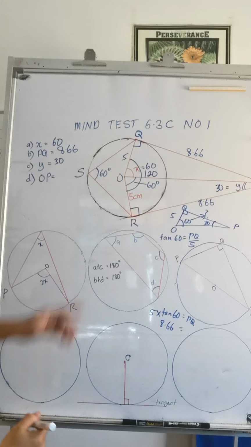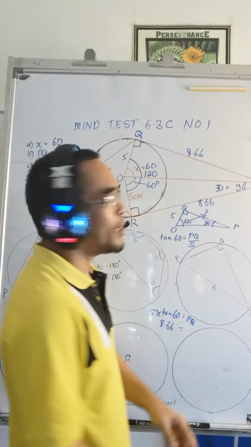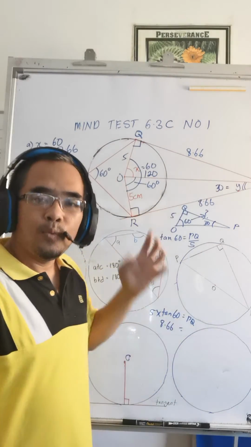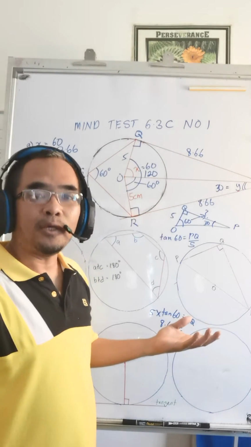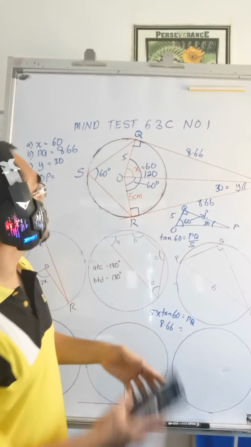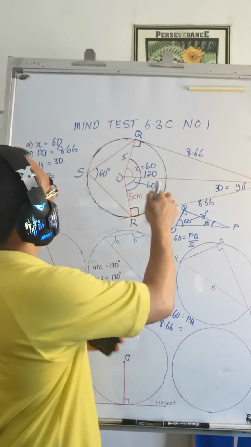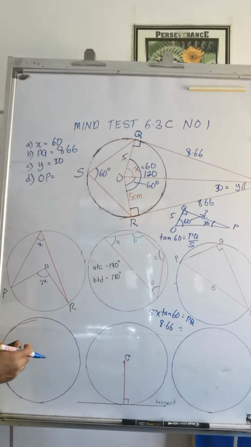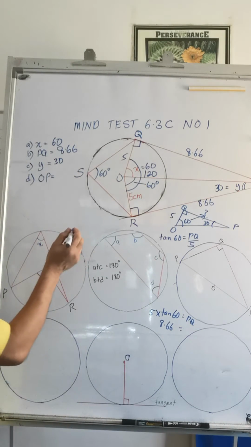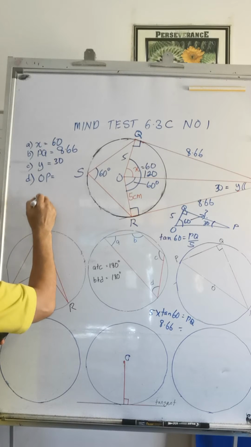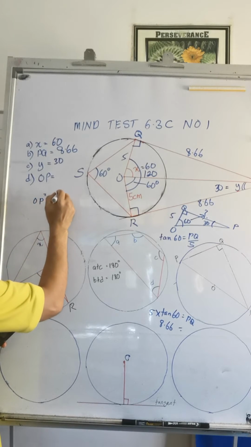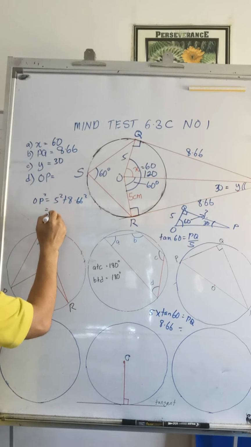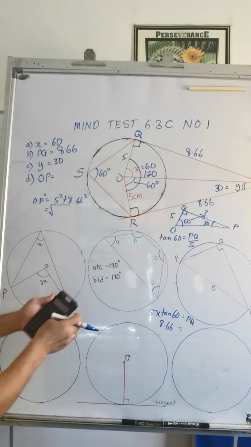The last one, we want to know OP. Since we already know two sides, we can just use Pythagoras theorem, because OP is the hypotenuse. OP squared is 5 squared plus 8.66 squared, and then you take the square root of the answer.